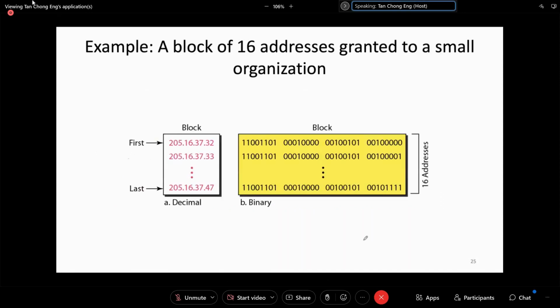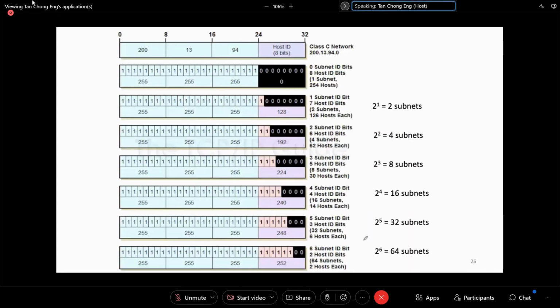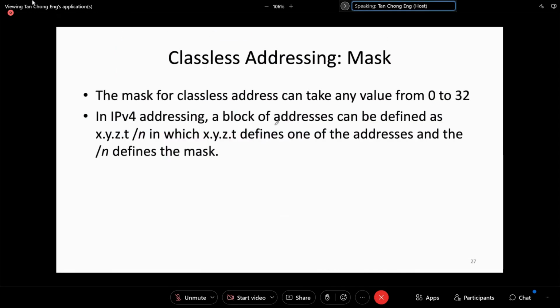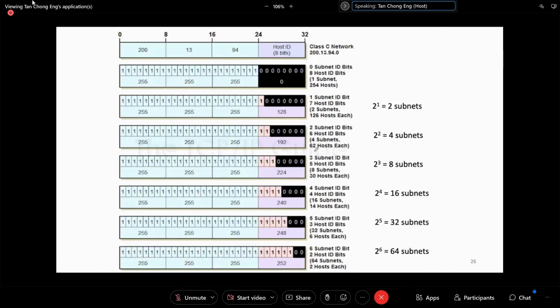So classless addressing, as I mentioned to you, as you can see from here, this is 2 power of 1 here. You see this particular bit here. This one is actually /25. It's 25 because you got 25 one bits here.